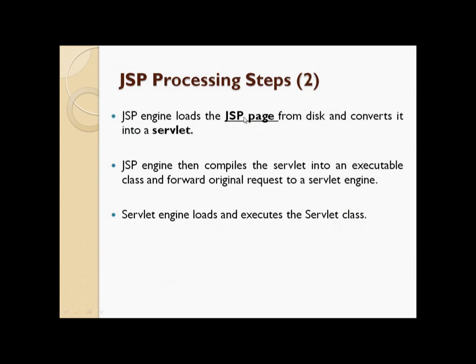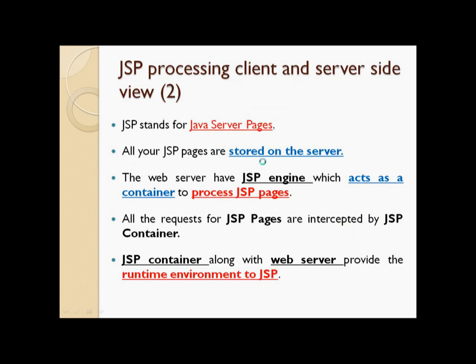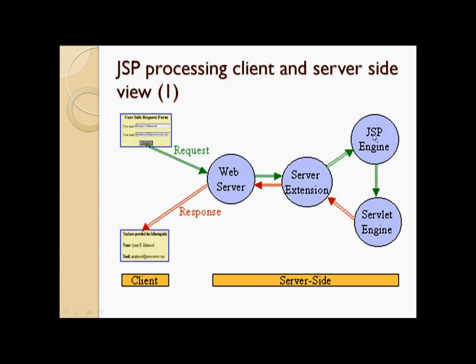The same thing is listed here: from the disk. Disk means the JSP container, and it converts it into the servlet. So the JSP engine is responsible for converting that particular JSP page into a JSP servlet.java file, and then the servlet engine will convert that servlet.java file to a servlet.class file, because in order to execute a Java file there is a need for a .class file.